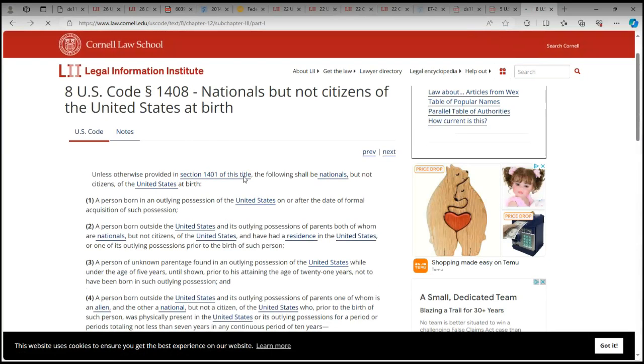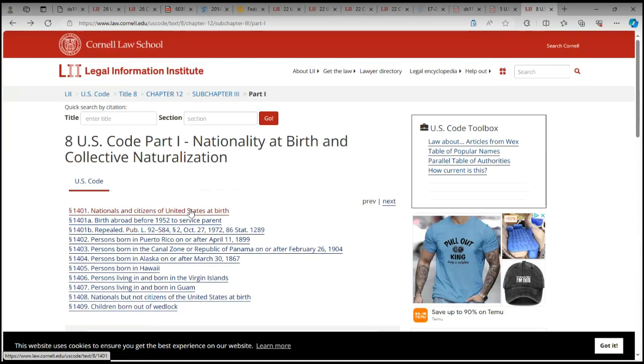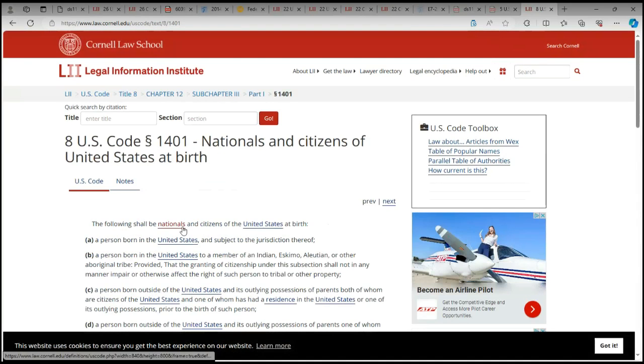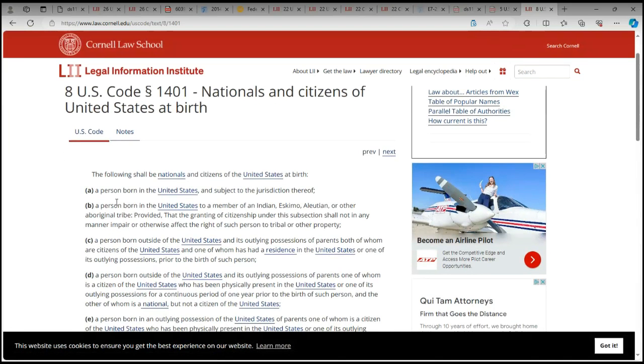So that's literally 1401, the definition. The following shall be nationals and citizens of the United States at birth: a person born in the United States and subject to the jurisdiction thereof. This right here is the 14th Amendment.